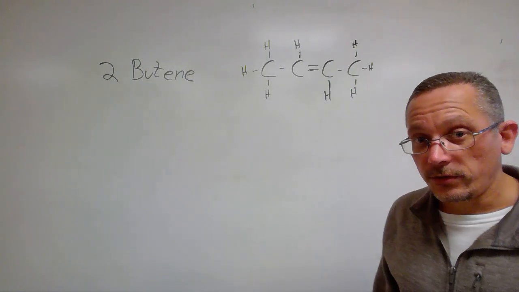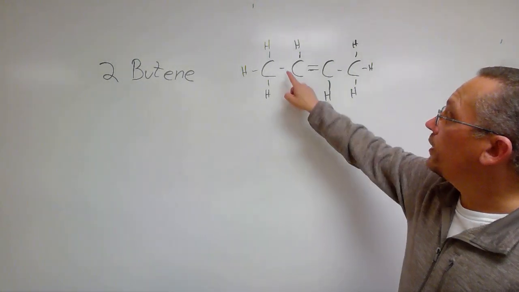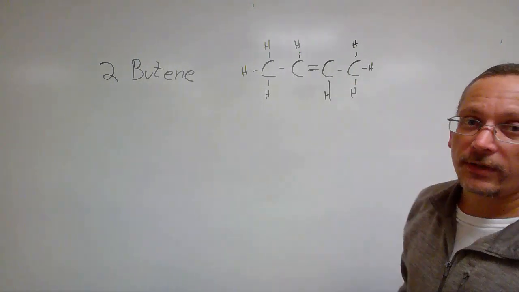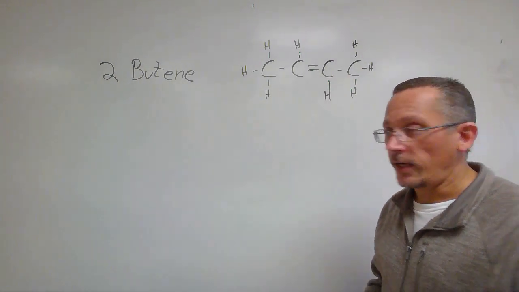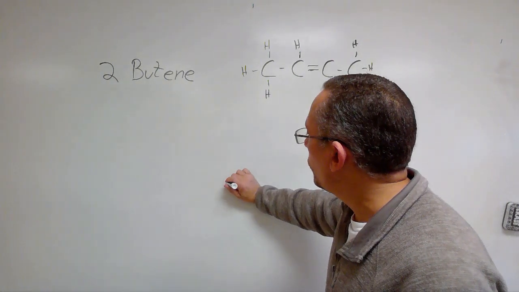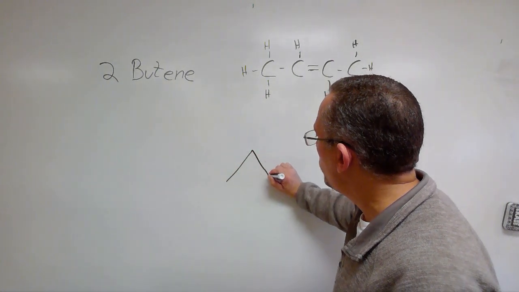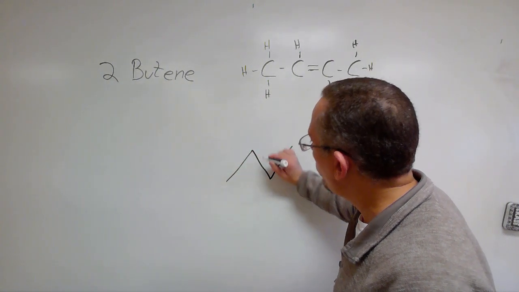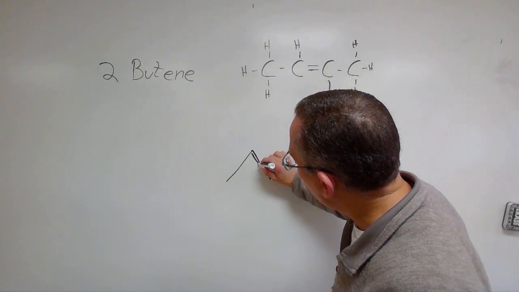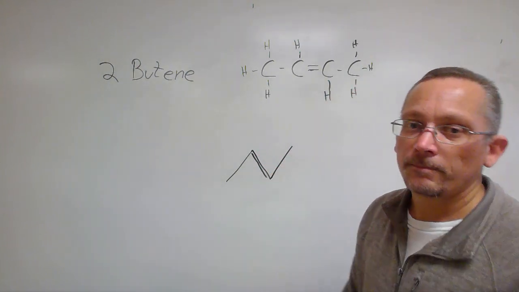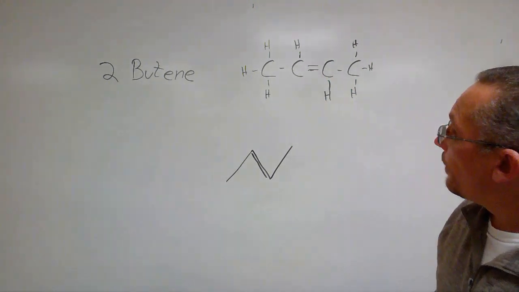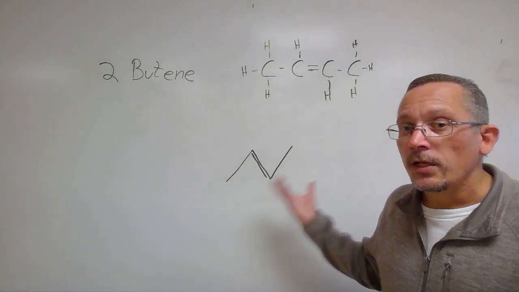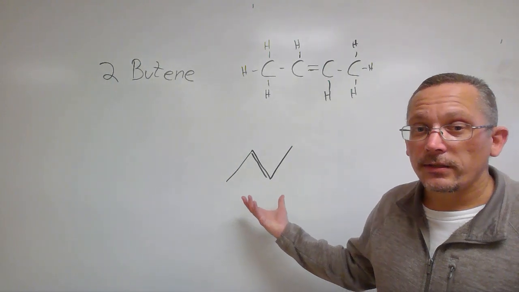Let's draw the skeletal structure now. Okay, so I'm going to need 1, 2, 3 different lines, and the middle one needs to be a double one. So 1, 2, 3, and the middle one needs to be a double line. Okay. So there's the skeletal structure for this one here. Like we said a minute ago, it might not look exactly the same as mine.